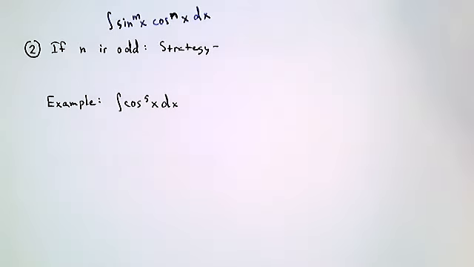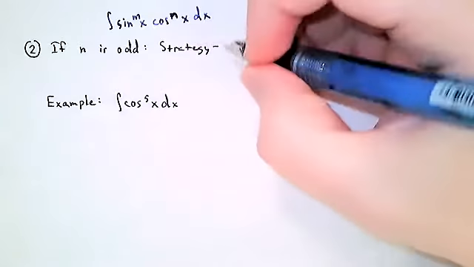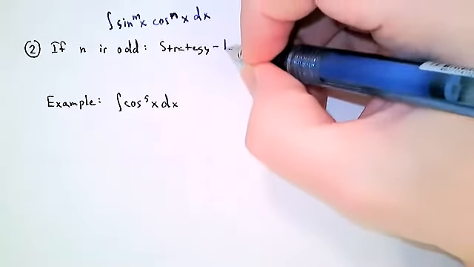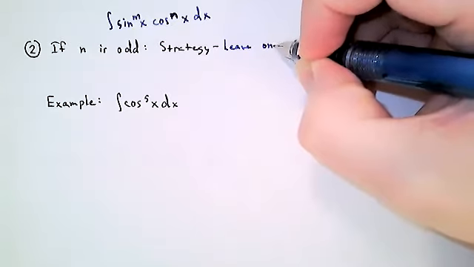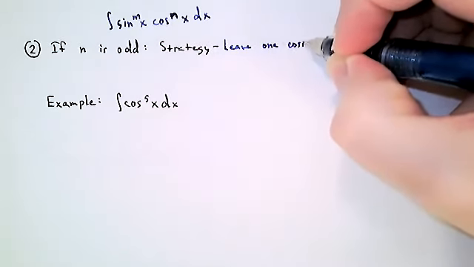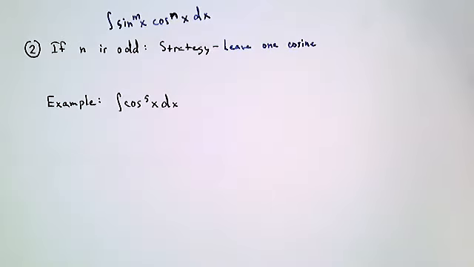And the strategy is the same as before, except we're going to apply it to cosine. We're going to leave one cosine behind, and then break the rest off and transform them into sines.